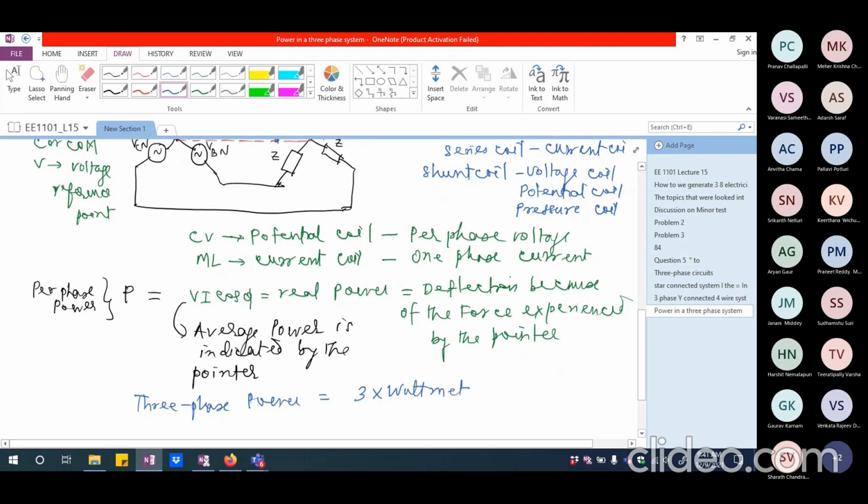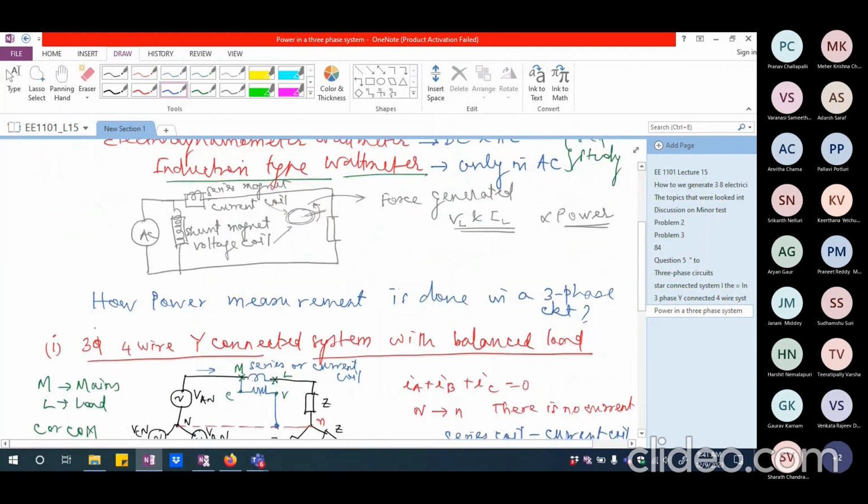Whatever you are getting in the wattmeter, if you multiply that by 3, that is going to give you the 3-phase power, which will be 3P. This kind of measurement is possible to do only if I have the neutral present, and it should be a star connected system and it should be a balanced load.